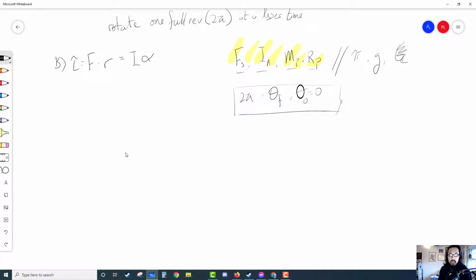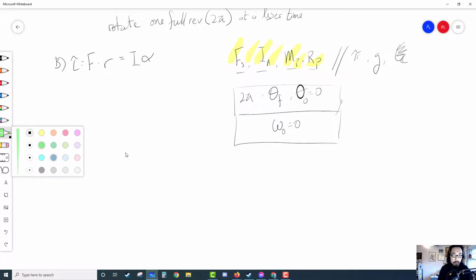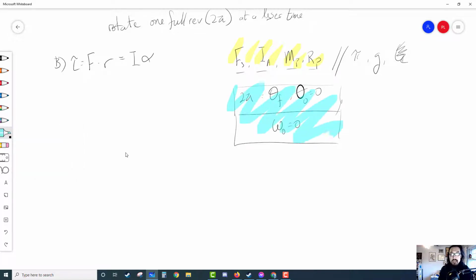They also told us that it started from rest, so omega initial is 0. What I boxed in here, I'm going to highlight in blue. What they gave us here was within the intro part, and this right here is within the problem. So my strategy for you is to take a look at the variables they gave you and try to find the correct equations so that you can solve for the answer.